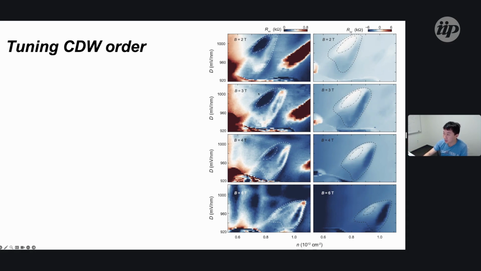This pocket shifts in both density and D, going from upper left to lower right. The shift in n is indicative of some kind of non-trivial topology, and the shift in D probably indicates that you change the band structure a little bit, and all of these start to shift accordingly. So based on this, the superconducting pocket and also the re-entrant integer quantum Hall effect all shift in both density and displacement field.